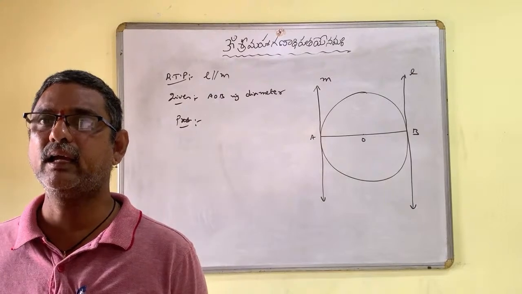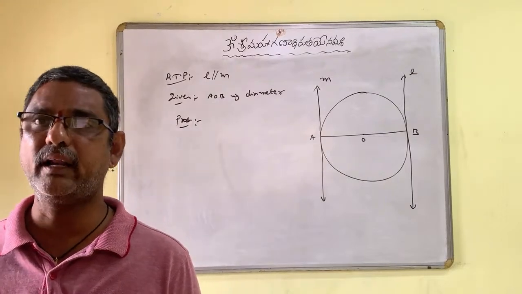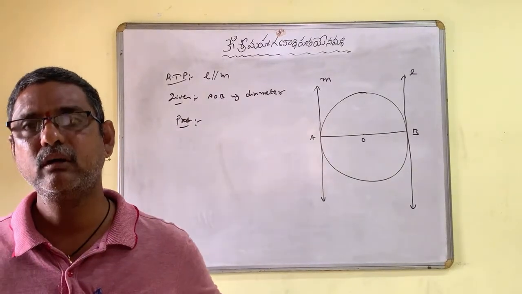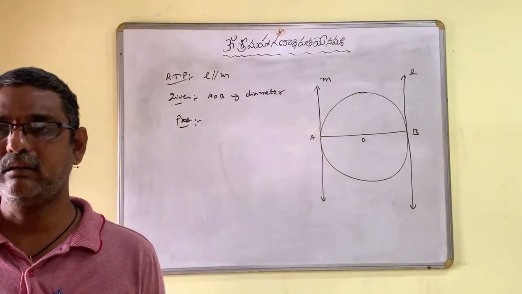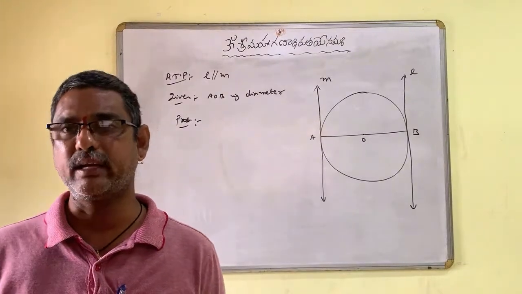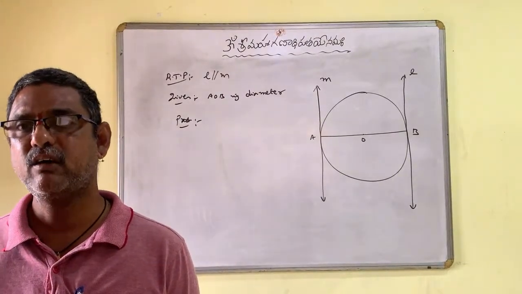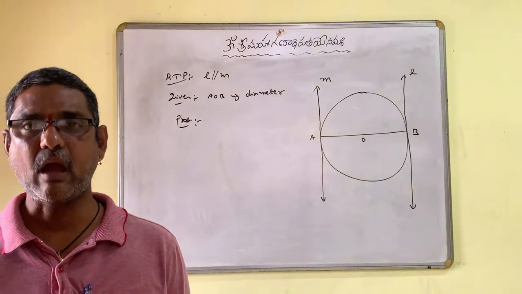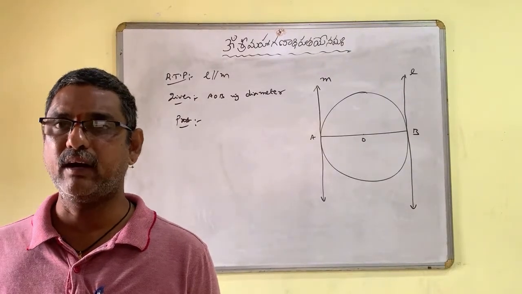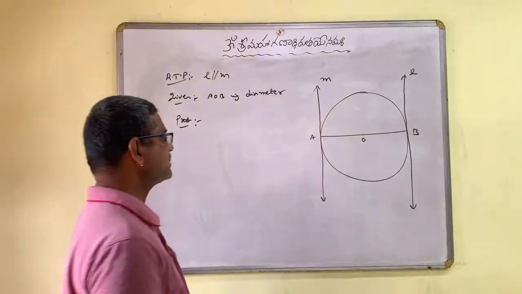Yeah, alternate interior angles are equal, we can prove. Corresponding angles are equal, we can prove. Euclid's fifth postulate, that we have seen in class 9. What does Euclid's fifth postulate say?